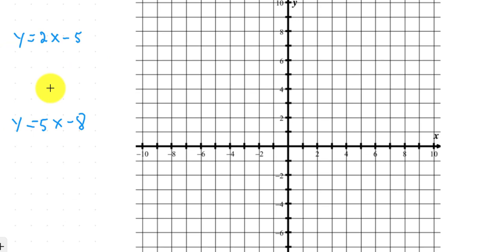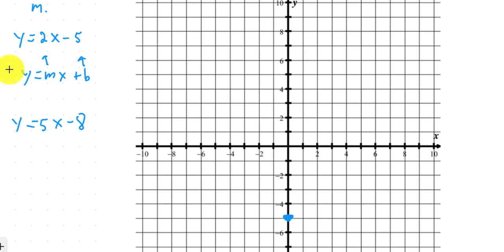Okay, so these were the two equations, and we know how to quickly graph these equations. Remember, when you have y equals mx plus b, the b in this first equation is -5, so I can draw a point down here at -5, and my slope is 2.